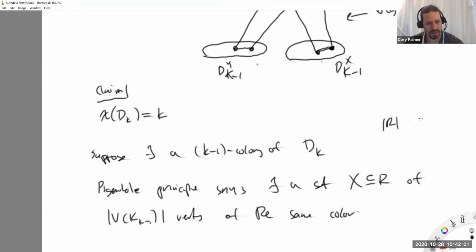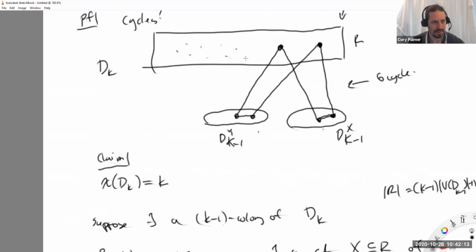Remember, R had size v_{k-1}·(d_{k-1}+1), right? So if I go back up to R here and look at all the vertices, there's this many vertices in R. I have too many vertices to avoid a set of this size, all of the same color. I've got k-1 colors, and I'm trying to avoid sets of this size in each color, but I've got one more vertex than I could get away with.